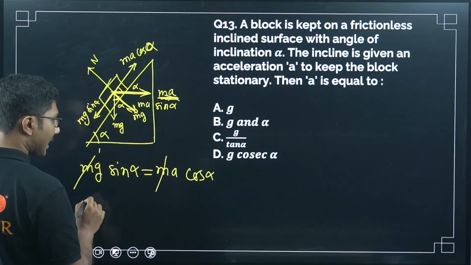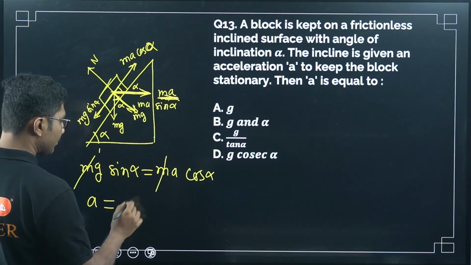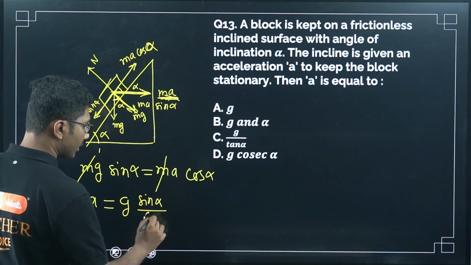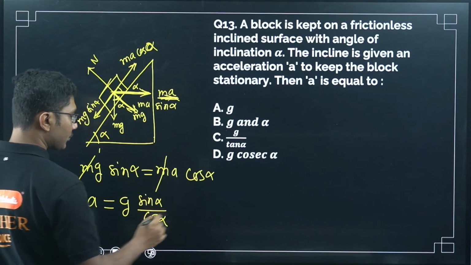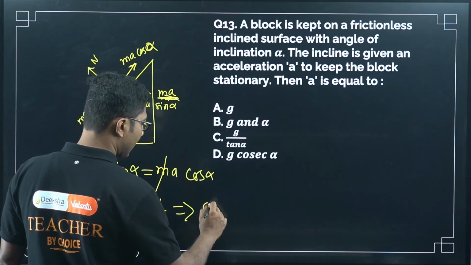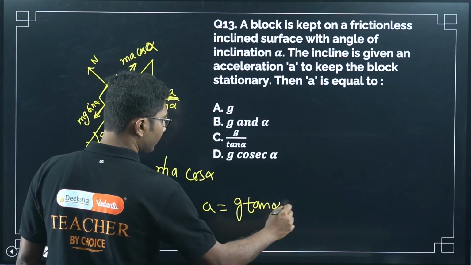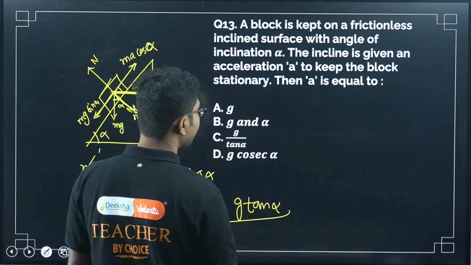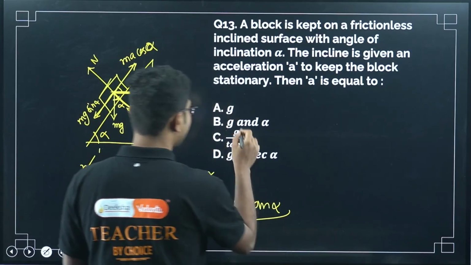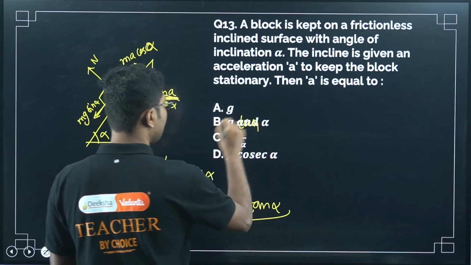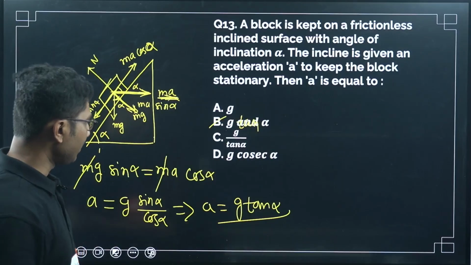So we can say that a equals g sin alpha by cos alpha. From here we can write a equals g tan alpha. So the acceleration required here is g tan alpha. Okay, so the correct answer is option B.